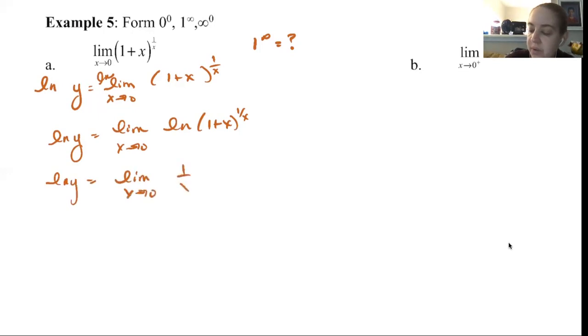So this is 1 over x, natural log of 1 plus x. So what I'm looking at now is 1 over 0, so this is infinity. That second piece is natural log of 1. Natural log of 1 is actually 0, so this is infinity times 0. Again, we don't know what it is.